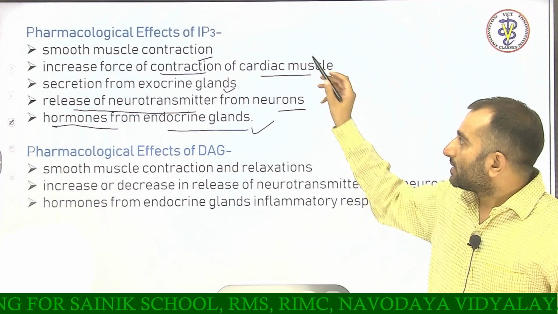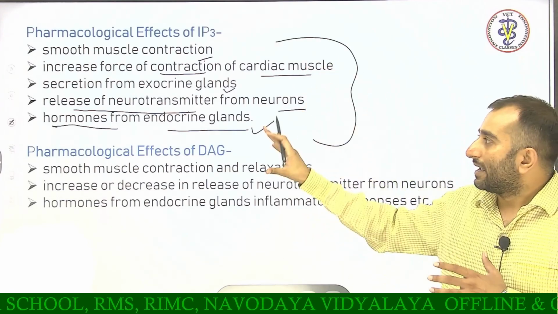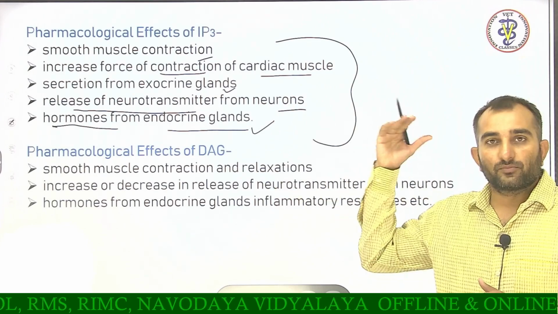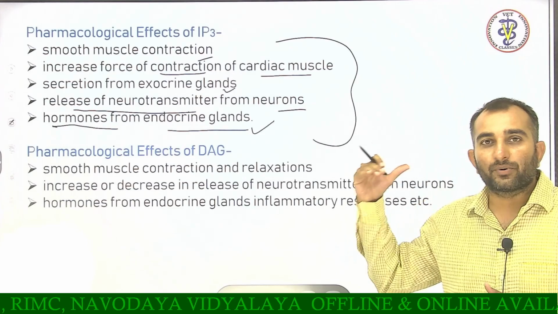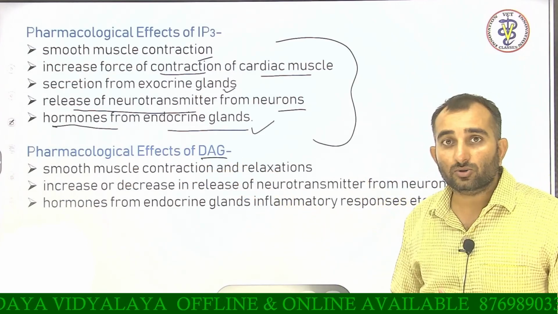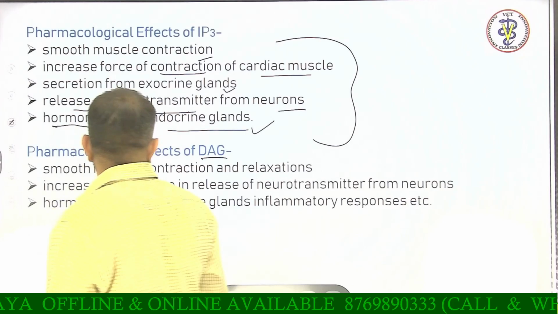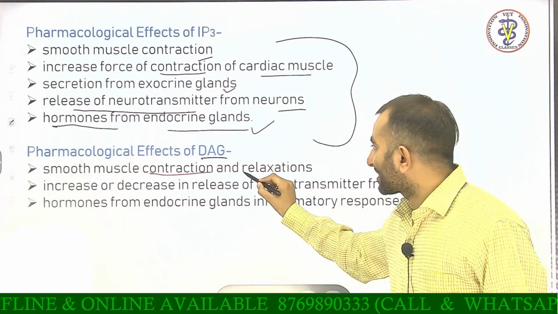So IP3 is involved in different types of mechanisms, meaning these actions happen via the G protein coupled receptor activating the IP3 secondary messenger system. In case of DAG, it is also responsible for smooth muscle contraction, but not only contraction but also relaxation.